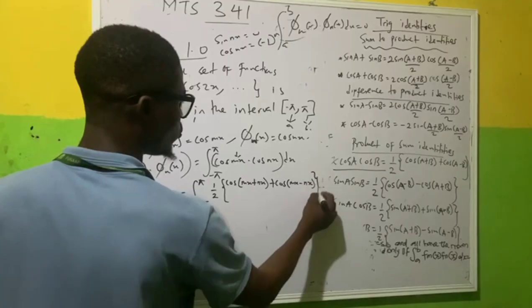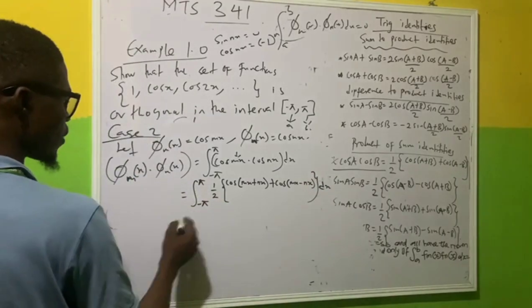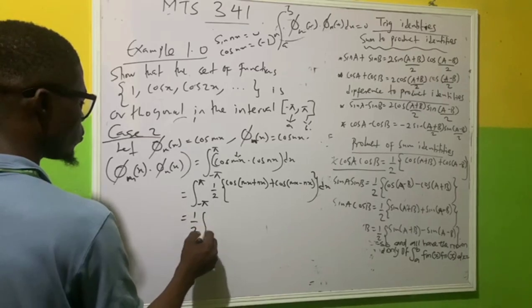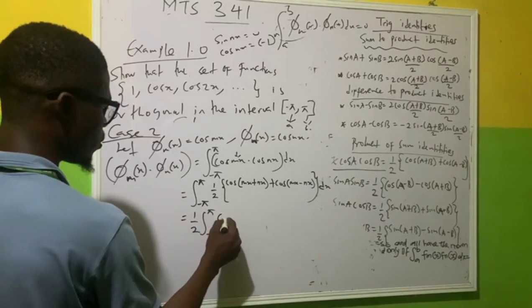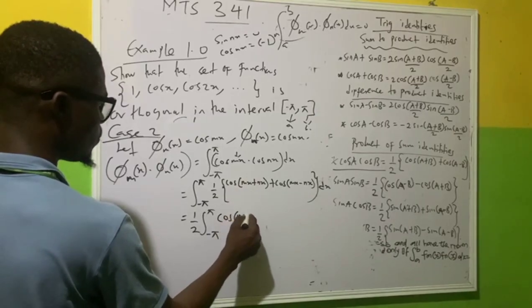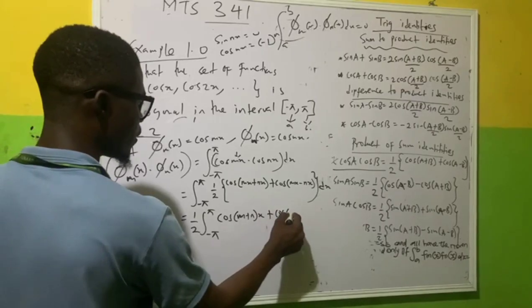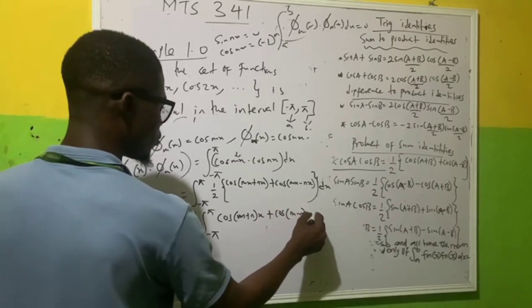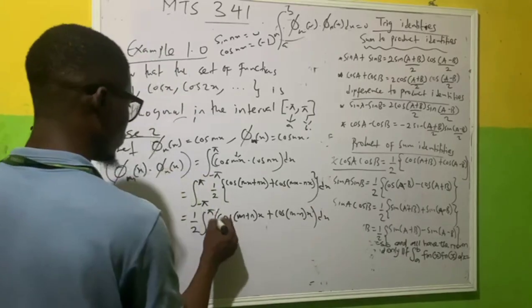So we have applied trigonometry like that, so no stress. Alright, we'll bring this constant 1 over 2 outside because we are integrating from minus pi to pi, okay? So we are now having cos, what's common here is x, cos into bracket m plus n, then x comes out, plus cos into bracket m minus n, then x comes out, right? So we're having our dx.